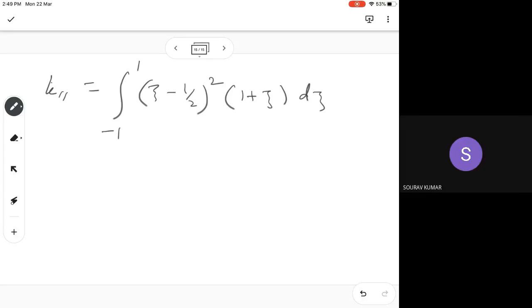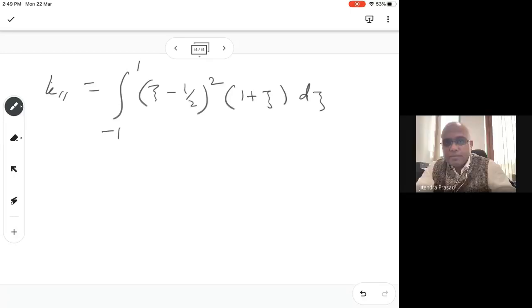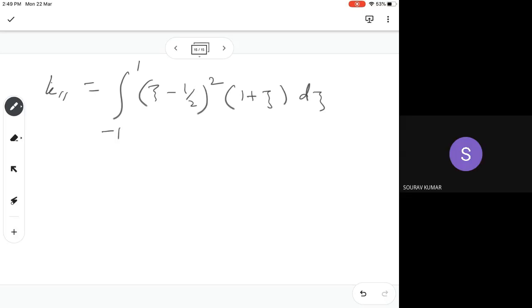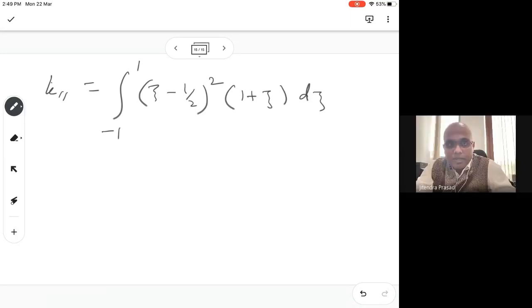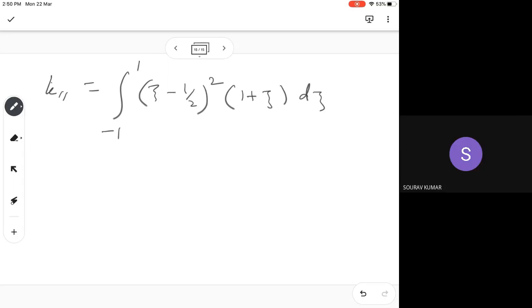Then while finding K13, which area should I use, the varying area or the constant area? Let me read first. K13 you are saying, right? Three-noded element.